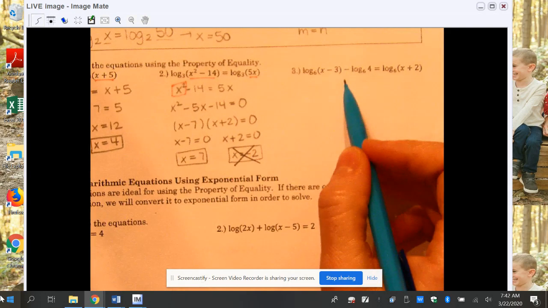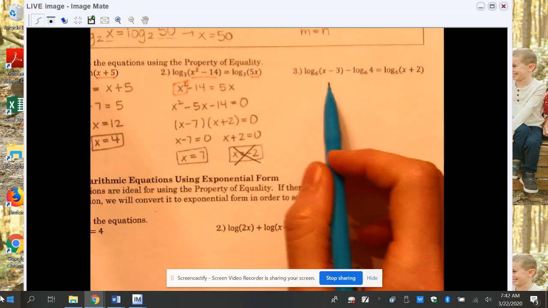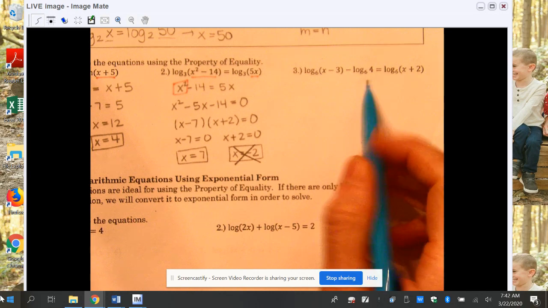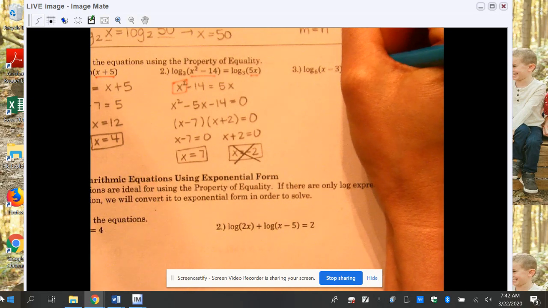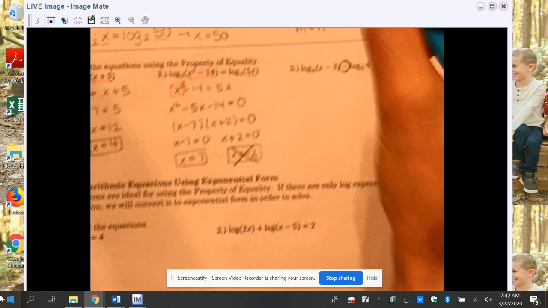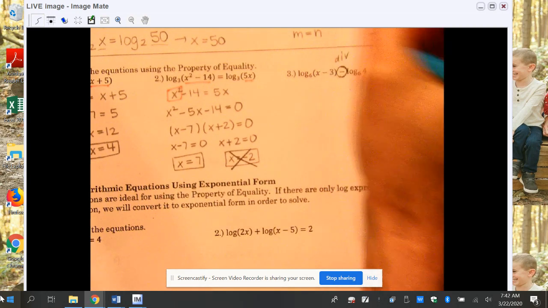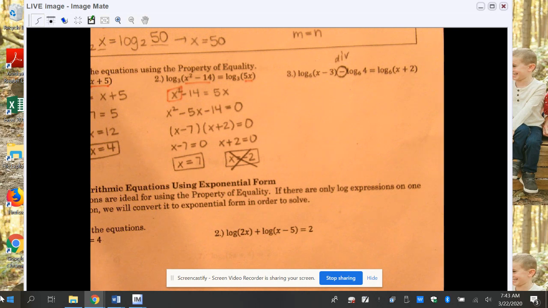Before we can set anything equal to each other, we need to combine like terms over here. So we have to remember then, okay, well, what do I do to put subtraction back together? What property is that? And so we have to remember that when we are subtracting, we divide. Think about the properties of exponents. Subtraction goes with division. Addition goes with multiplication.